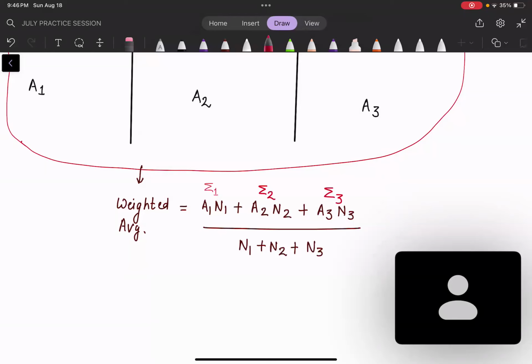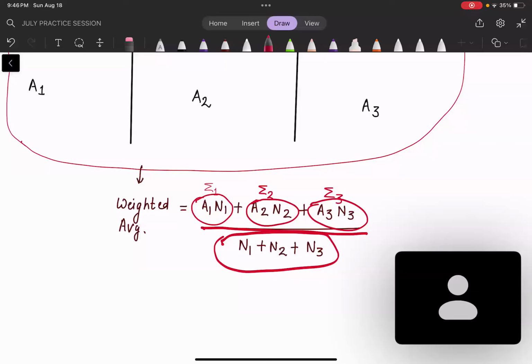Okay. Now this formula is very simple in terms of memorizing. But there is a problem with this formula. I will have to multiply these two values. I will have to multiply A2 N2 also. I will have to multiply A3 N3 also. Then I will have to divide by N1 plus N2 plus N3.